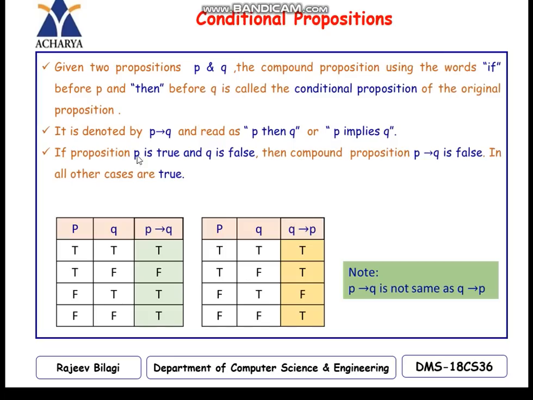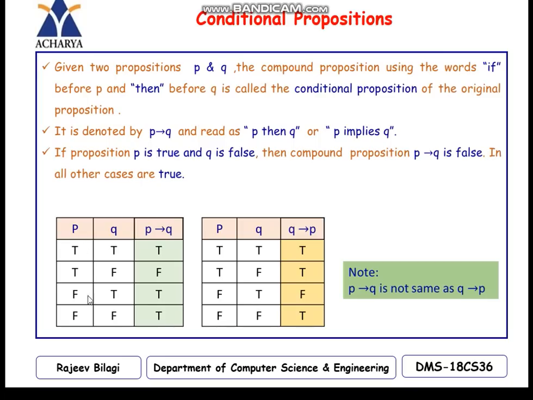Now writing the truth table for this: if a proposition P is true and Q is false, then the compound proposition P then Q is false. In all other cases it will be true.